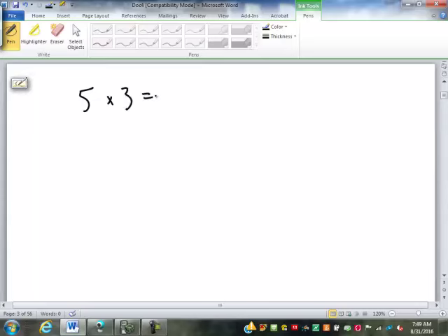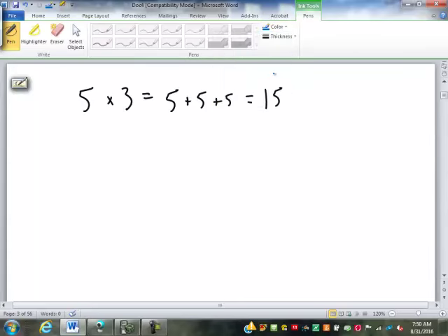But if we look at something like 5 times 3, now all of us know that's 15, but if you think back to like first grade or so, when you were just learning how to multiply, before you memorized your multiplication facts and you knew that 5 times 3 was 15, how did you figure that out? There you go. 5 plus 5 plus 5. Repeated addition. It's 3 5s added together. It's 5, 3 times. Gave us 15.